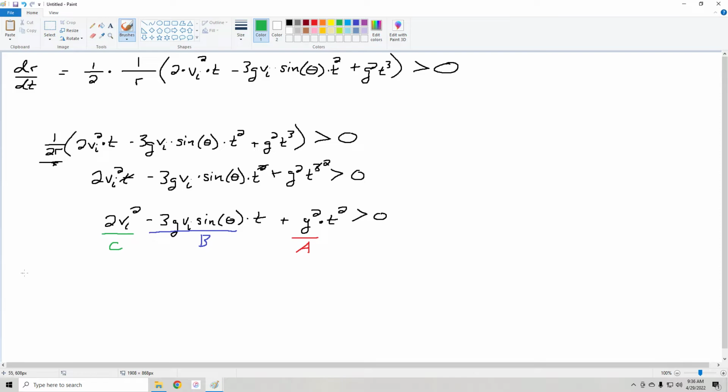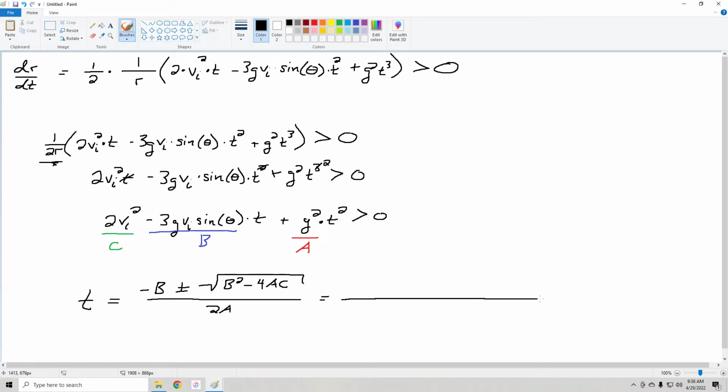So that means when we're using the quadratic formula on this a, b, and c, like always, we need to get a time that's positive. We can't get a time that's negative. That doesn't make sense here. So remember, t is equal to minus b plus or minus the square root of b squared minus 4ac, all over 2a. And this is actually a situation in which I will write out everything here because there's something important going on. So the negative of b is going to turn this negative 3 into a positive 3.